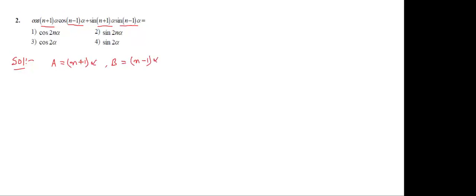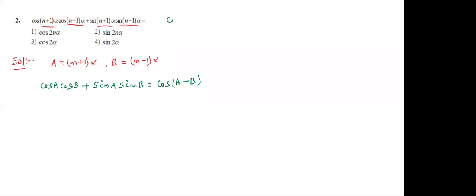Students, observe that the problem is in the form of cos A cos B plus sin A sin B. Then what is the formula, students? Cos A cos B plus sin A sin B is cos of A minus B. This is the formula now.